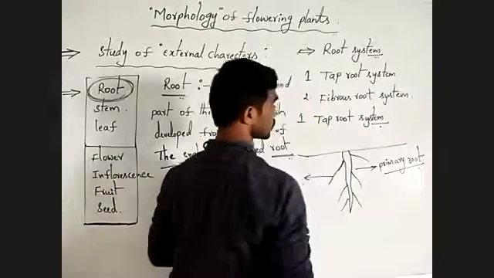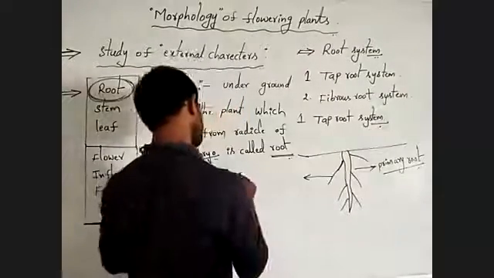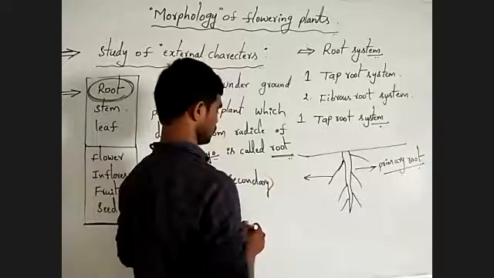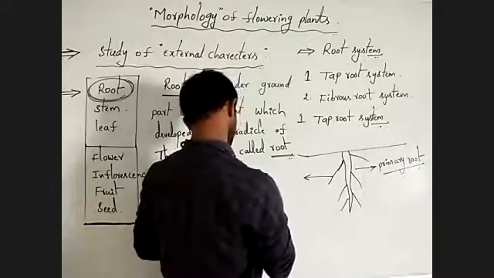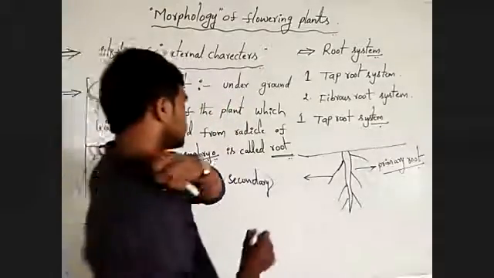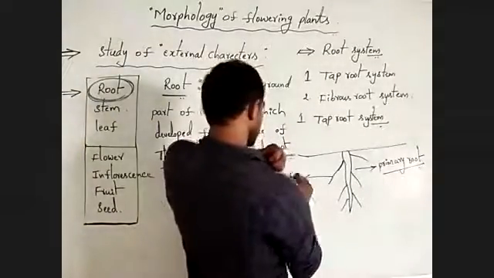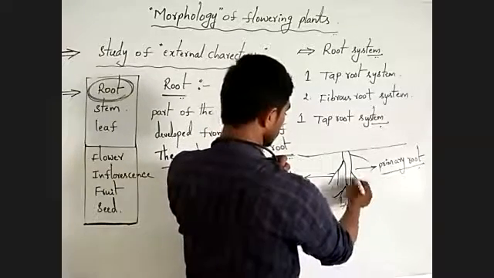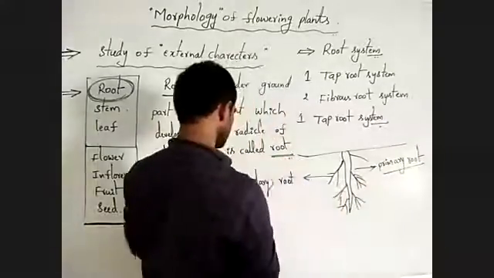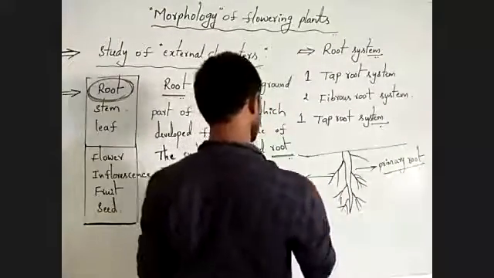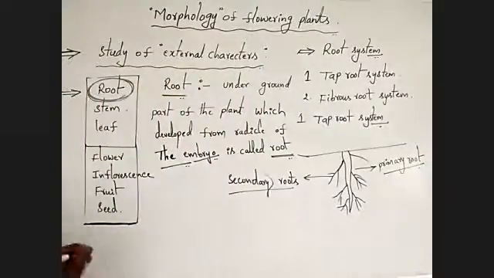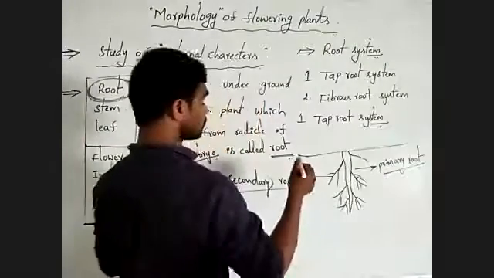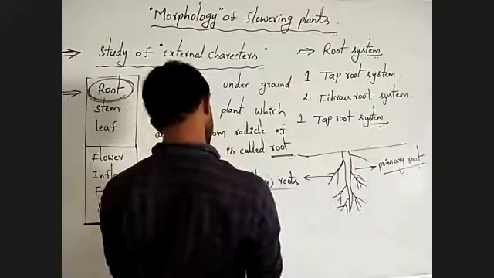These are called secondary roots. Secondary roots again form some branches, called tertiary roots.